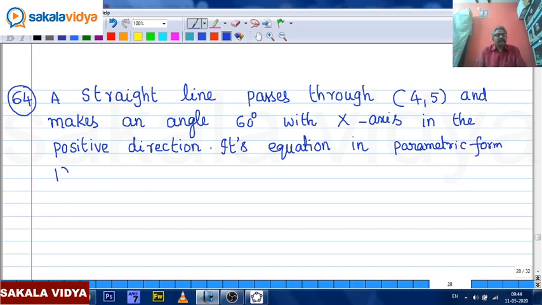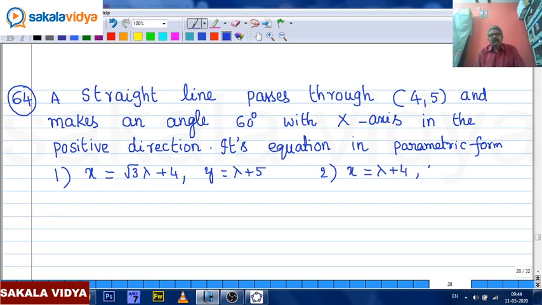First option: x is equal to root 3 lambda plus 4, where lambda is the constant or parameter, y equals lambda plus 5. Second option: x equals lambda plus 4, y equals 3 lambda plus 5.